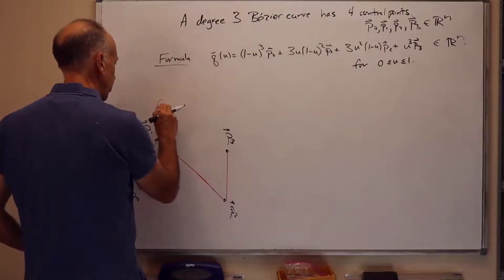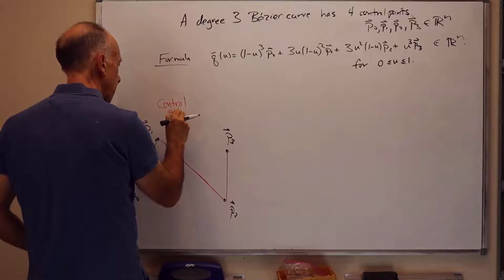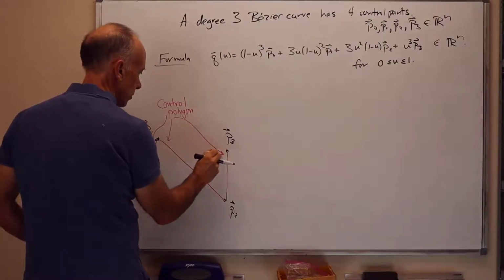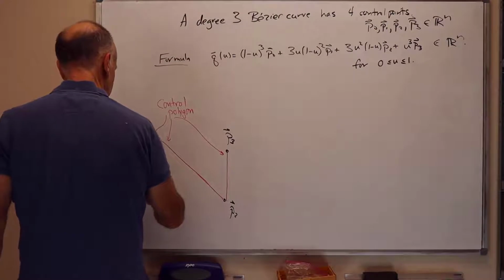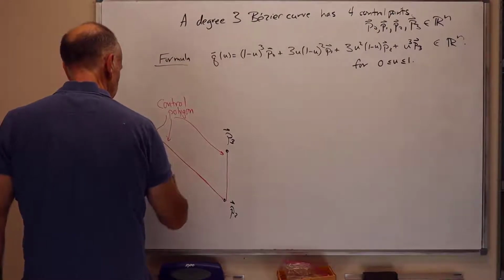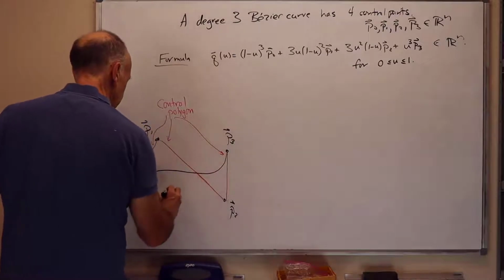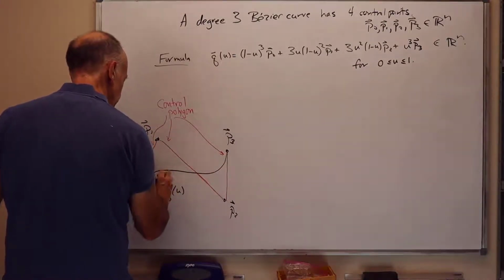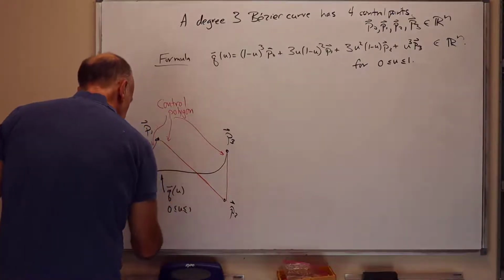And these are the control polygon. And the curve itself looks something like the following in this case. It starts at P0, it ends at P3. So here's Q of U, for 0 less than or equal to u less than or equal to 1.